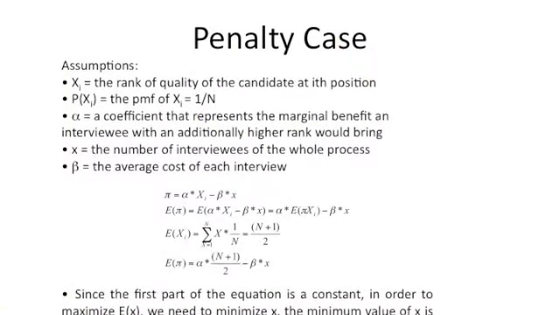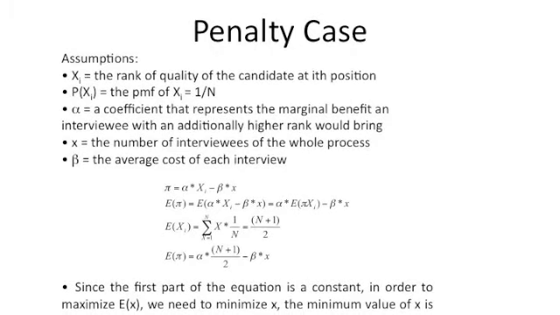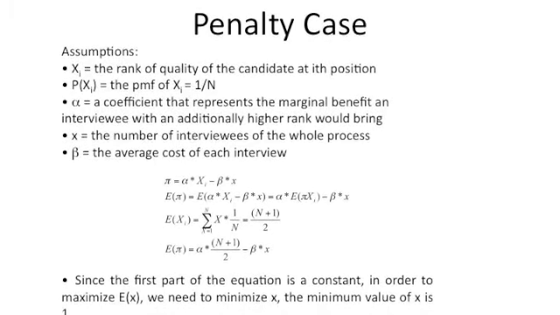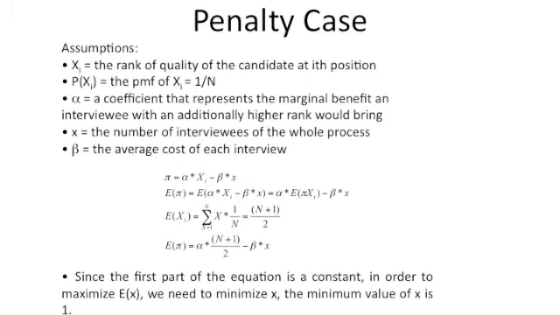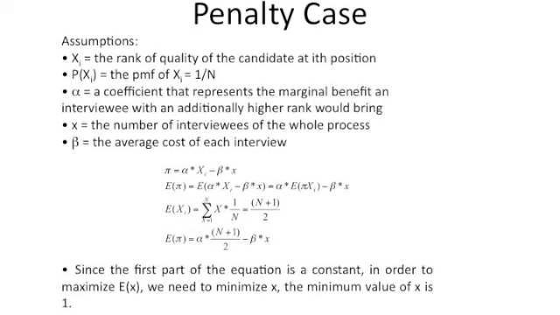So let's tackle this problem. We suppose that each candidate brings in a certain amount of benefit in proportion to their rank of quality, and the cost of interviewing each candidate is a constant. Exactly. We can express the net benefit of selecting any candidate in such a mathematical equation.